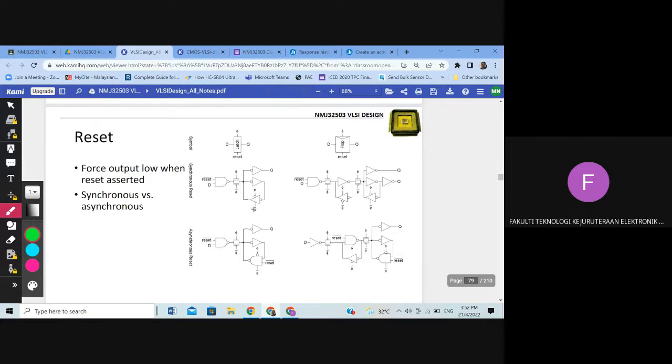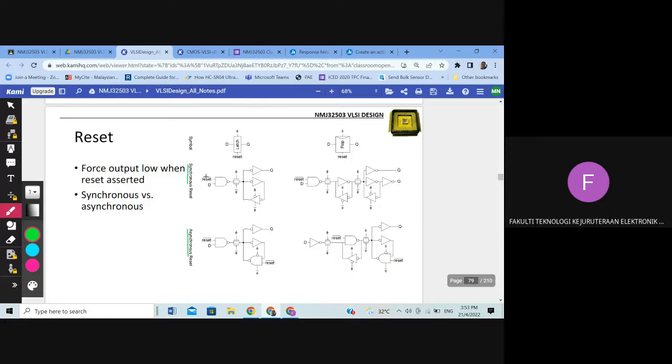We also have reset, because in our design, if you remember, we have discussed synchronous and asynchronous in digital IC design, EMT NMJ 32303. In terms of the architecture inside the latch, we have another input here called reset.